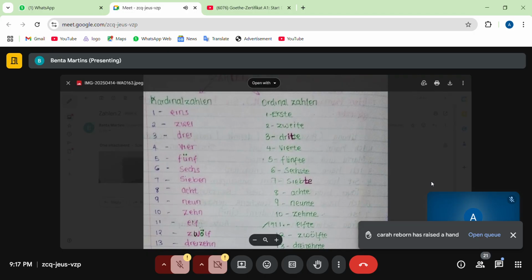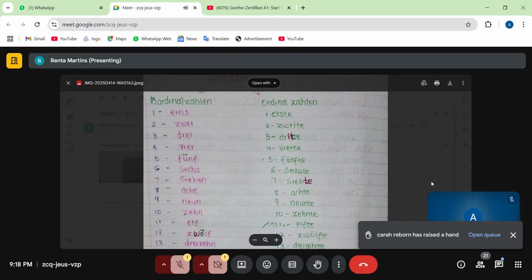sechste. Teacher, knock Aima. Which number? Knock Aima, please. Just start from there. Okay. So we have erste, zweite. Remember, when E comes before I, it's pronounced as I. So zweite.